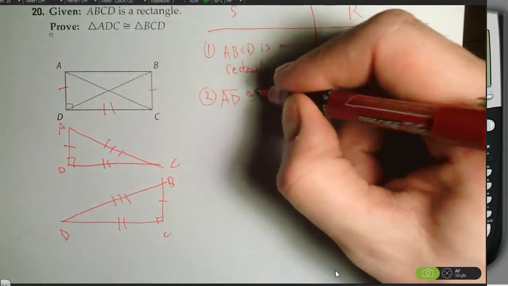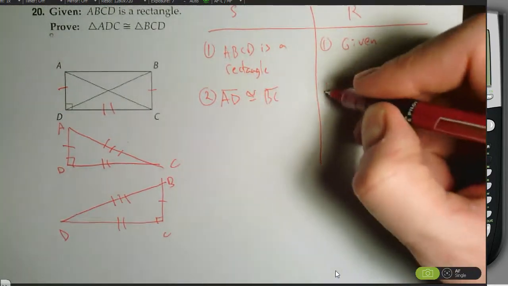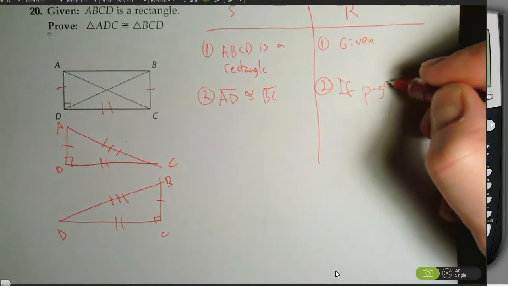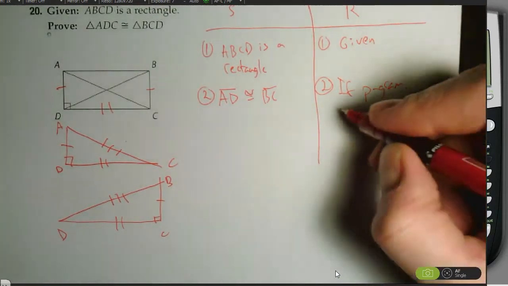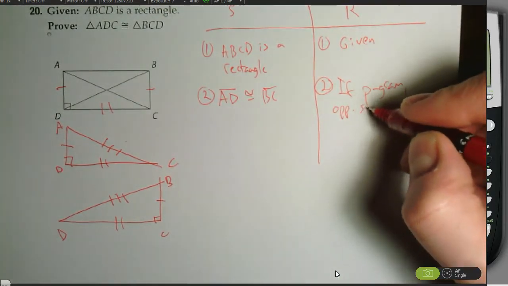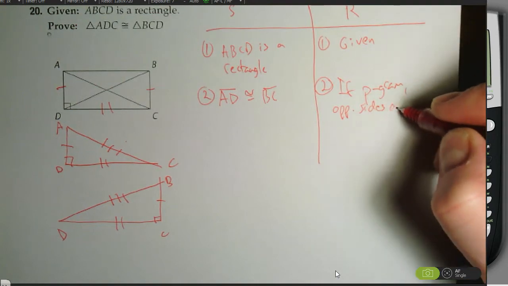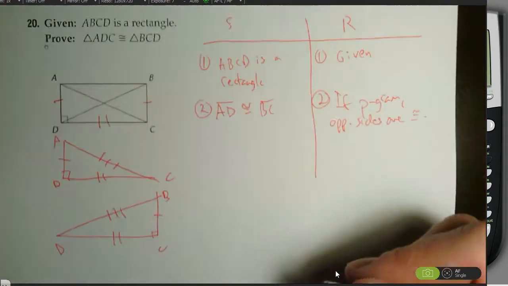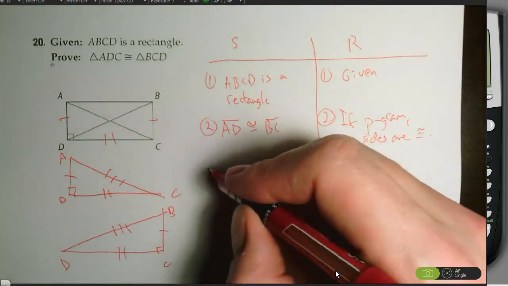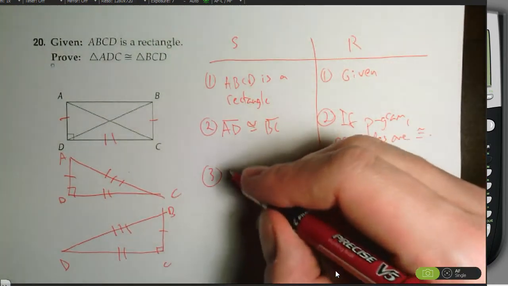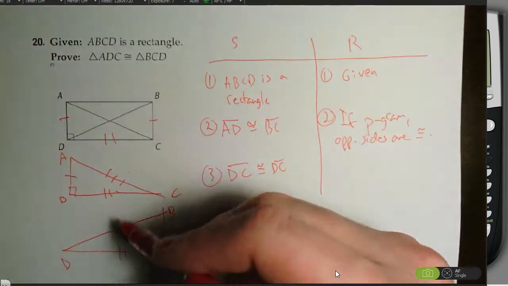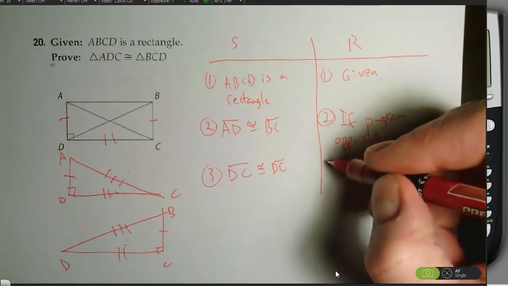AD is congruent to BC. If it's a parallelogram, which it is because it's a rectangle, opposite sides are congruent. Okay. Step 3 then was DC is congruent to itself. That was the second pair we talked about being congruent by reflexive property.